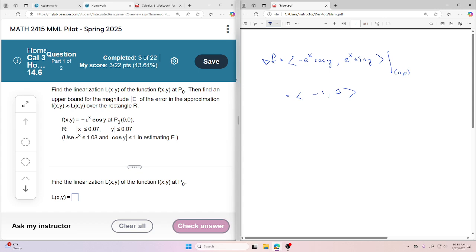I think then I got negative 1 times x minus 0, 0 times y minus 0 is equal to 0. There's a piece that goes in the front.